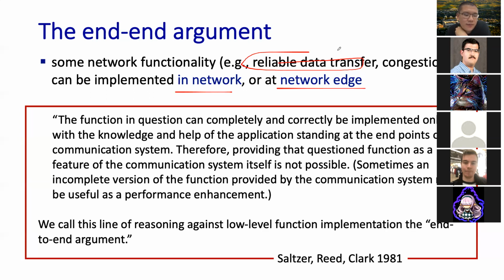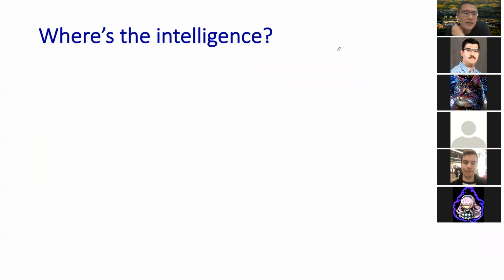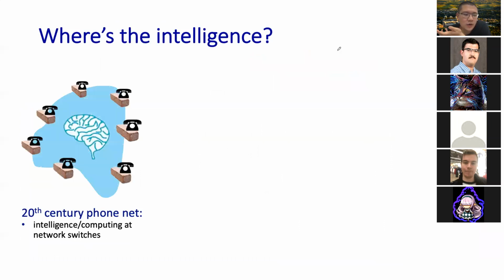Okay, I can use an example to quickly explain the idea, because where is the intelligence, maybe 30 years ago, right? So in the 20th century phone net, what you can do is just put the digits in the endpoint, right?